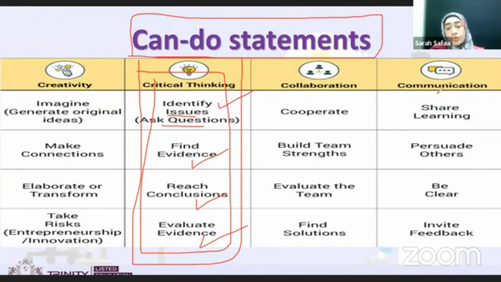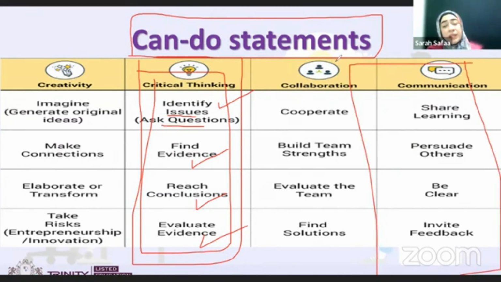Same thing when it comes to communication, for example. I want to know if my student is a good communicator or not. It doesn't only depend on how fast he speaks or his accent. It depends on the quality of the language he uses and also what he can do with the communication.